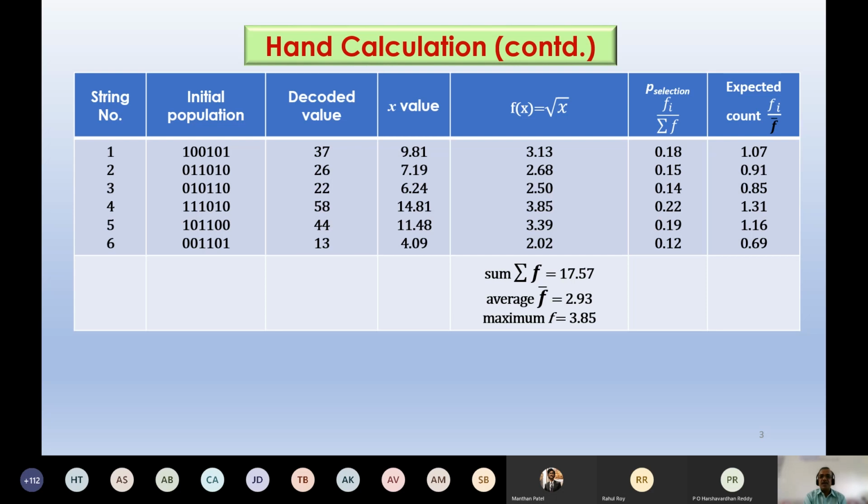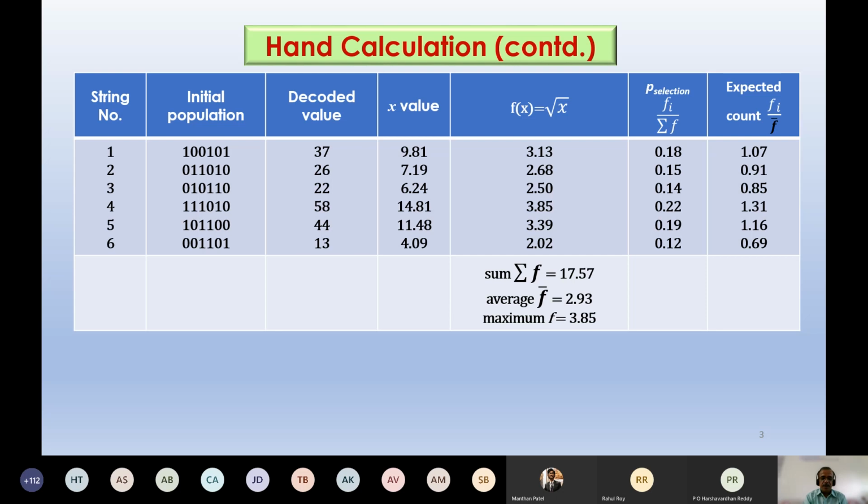For the second solution, the probability is 0.15. Third solution, 0.14. Fourth solution, 0.22. Fifth solution, 0.19. Sixth solution, 0.12. And if you sum up the probability values, this will become 1.0. Please check.